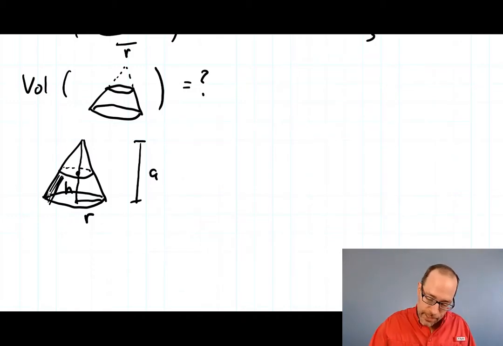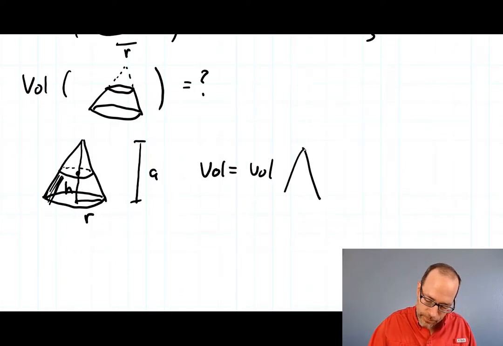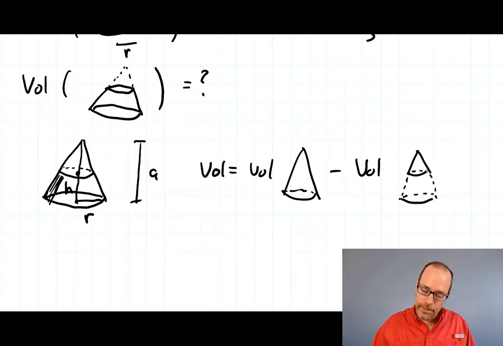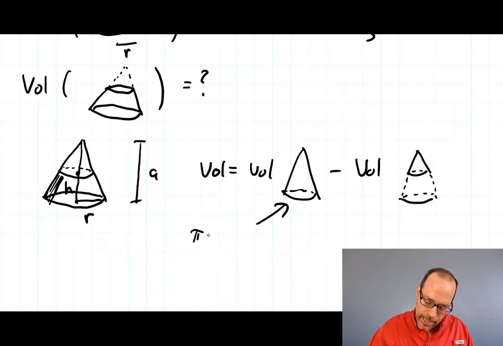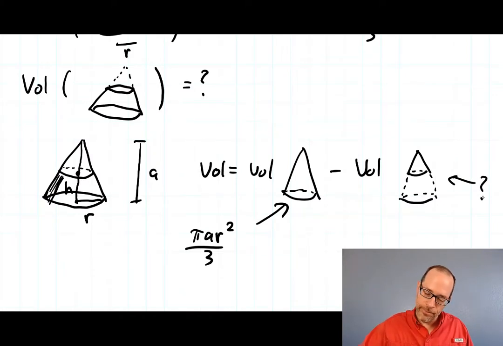So the volume of this will be the volume of the whole thing minus the volume of just the top part. This volume we know, this was pi a r squared over 3, and this is the one that we have to figure out.